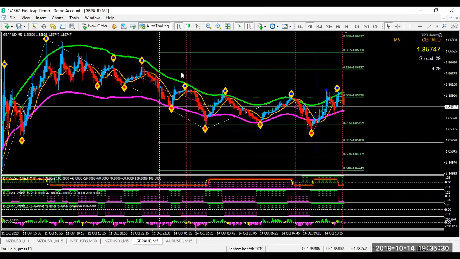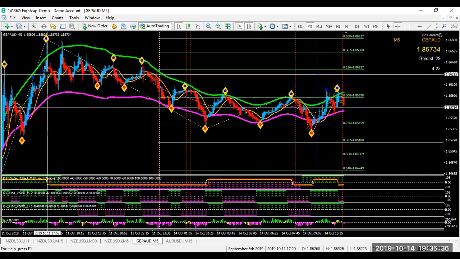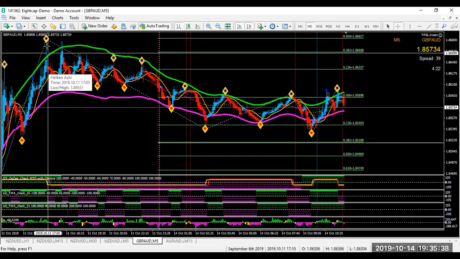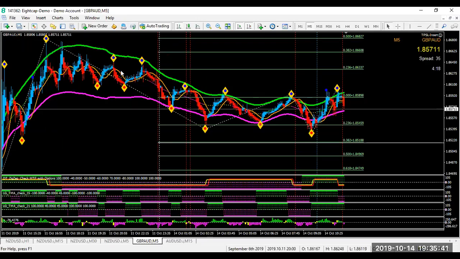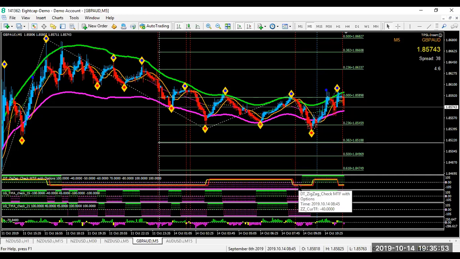Why is that? Once again, if at this point here it's a high in the 4 hour, so the 4 hour wants to come down. So even though 5 minute will move up and down, the 4 hour is still indicating that there's a low it wants to get to.